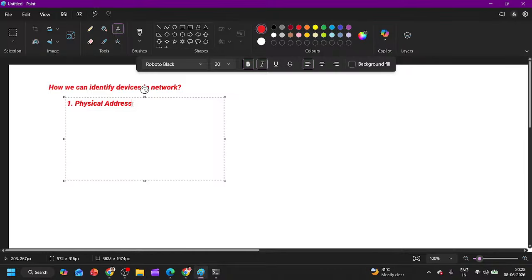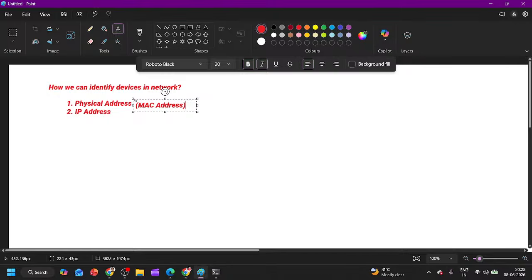MAC address is also called a layer 2 address. And the second, logical address is the IP address. So we identify devices with the help of these two addresses: MAC address, the physical address, and IP address.